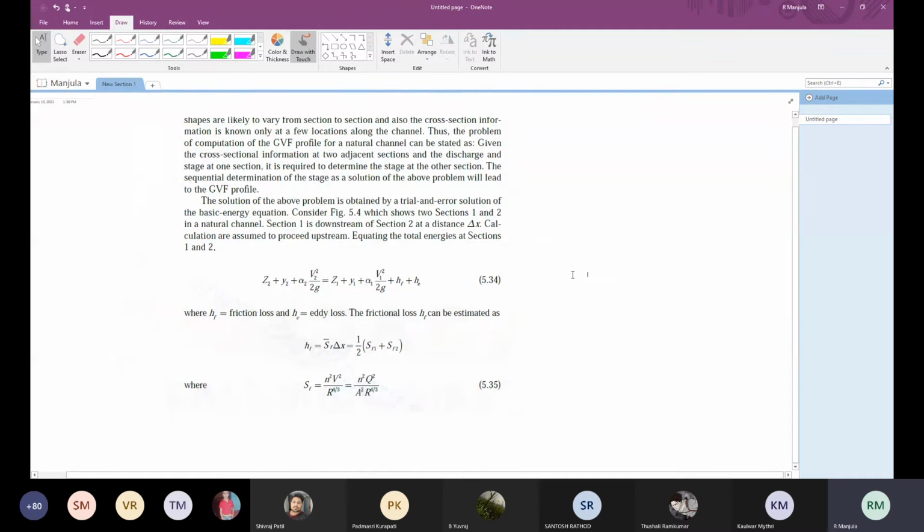So when the cross section is going to be different, the problem of computation of GVF profile for a natural channel is this: given the cross-sectional information of two adjacent sections, section 1 and section 2, and the discharge at one section, say the state at section 1.